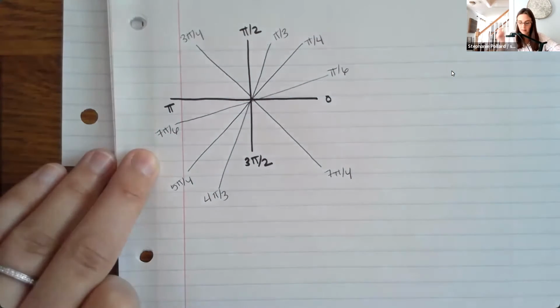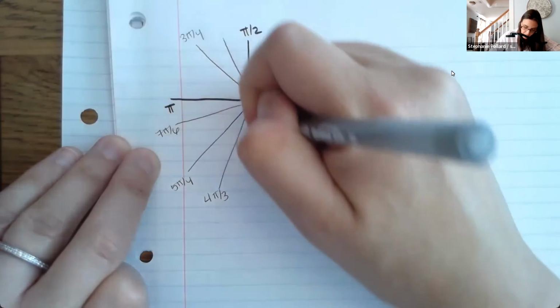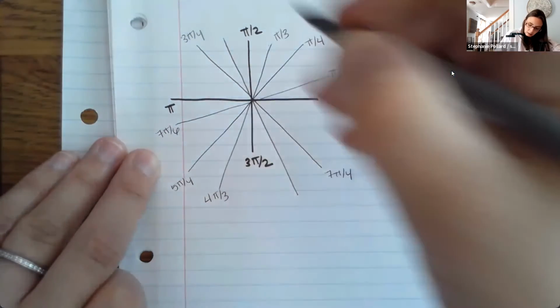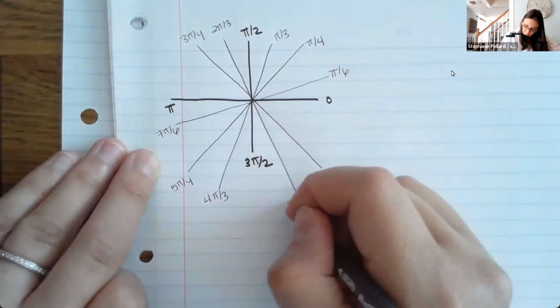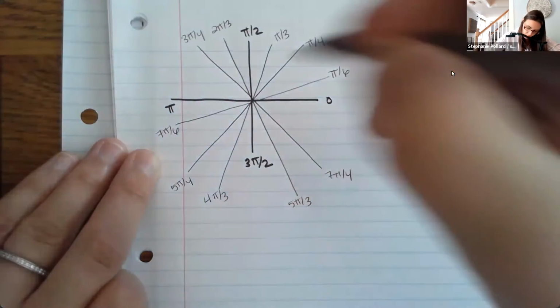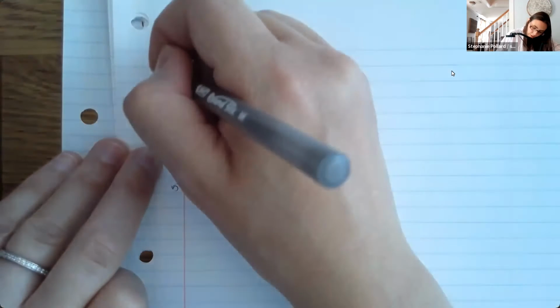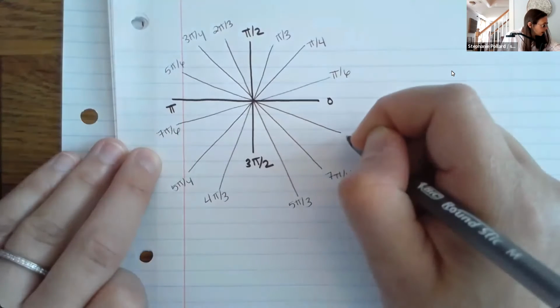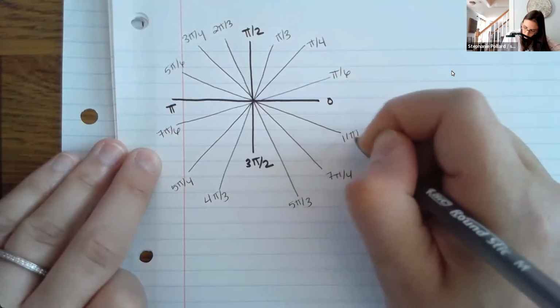So you just do the best you can. I know because we're doing this by hand, you should take out a protractor, obviously, and do that, but we can just do a rough sketch here. 2 pi over 3, and this is 5 pi over 3, and then one more. 5 pi over 6, and finally 11 pi over 6.